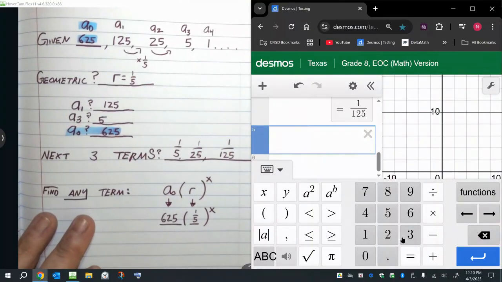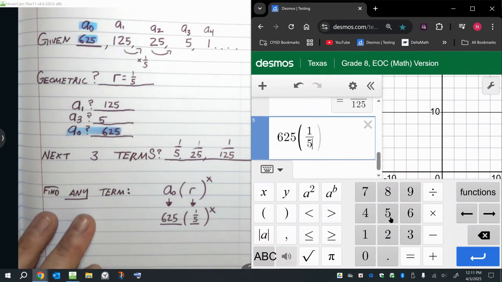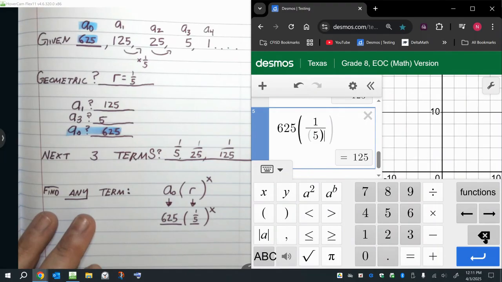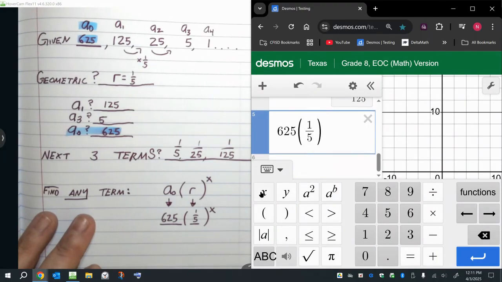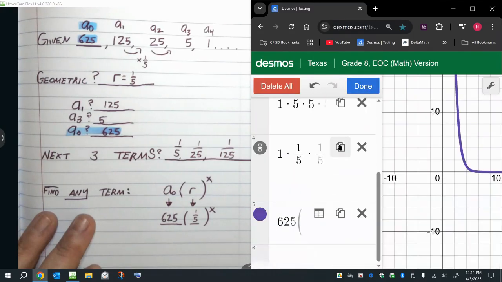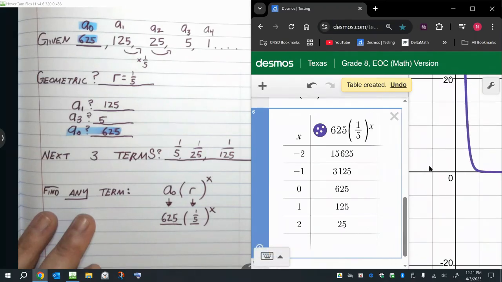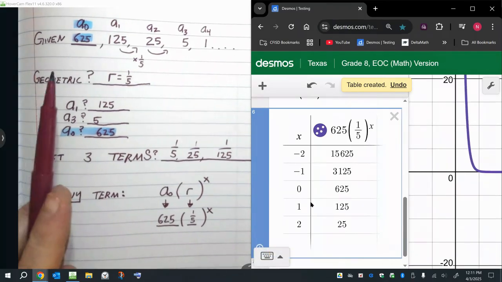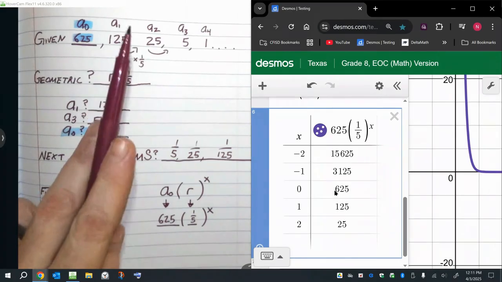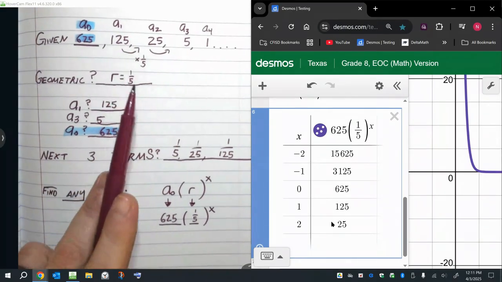So let's check it out. If I take 625 times 1/5, raise that to the power of x, and I turn this to a table, is this what I need? Is the first term of the sequence 125, and then 25?